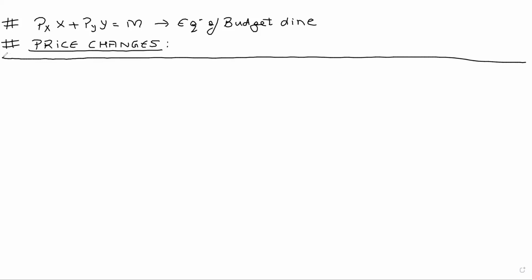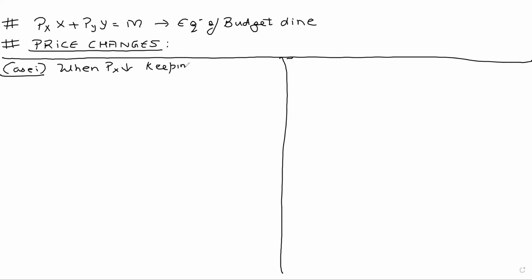Case one, when Px falls, keeping Py and M constant. Price of good Y and income of the consumer is constant, unchanged, and price of good X falls. Okay, so Py and M are constant and Px is falling.